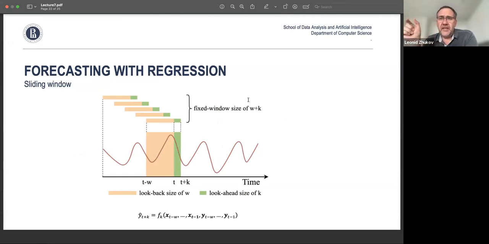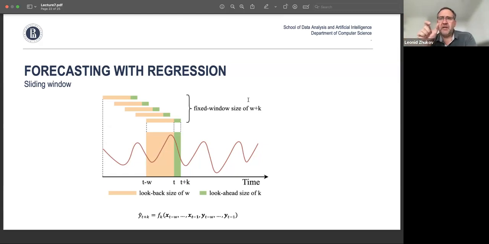When you slide the window, for each position of the window you have a y variable and x values, and that creates a row in your matrix that you use within the regression modeling. Then you take this window and slide it through your entire data set.